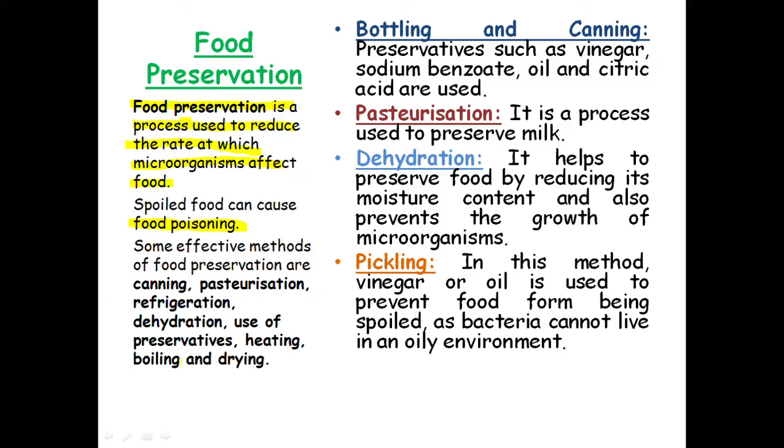So there are various processes to preserve food. They are canning. Canning means we can preserve with the use of vinegar, sodium benzoate, oil, citric acid, etc. Next, pasteurization. Basically milk is pasteurized to keep it for a long time.